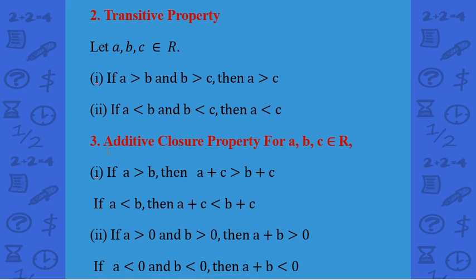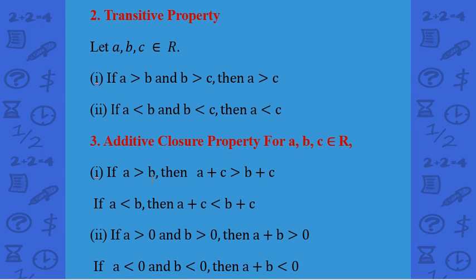The third property is the additive property, for A, B and C belonging to the real numbers. If A is greater than B, then A plus C is greater than B plus C. You are observing that there is a number C which is added on both sides of the inequality. For example, 5 is greater than 4.